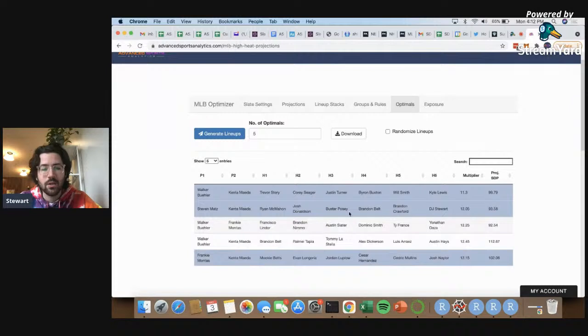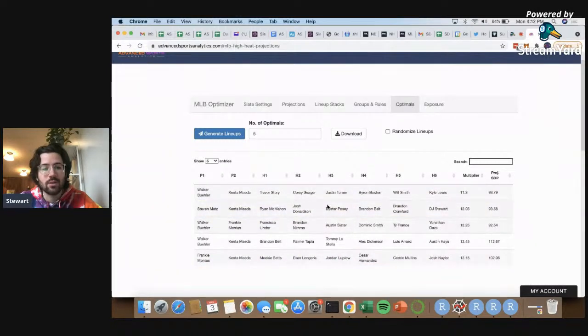But yeah, as you can see, all these lineups will have hitters in stacks. So obviously that Seager, Turner, Smith stack fits the bill of having less than 2 batting gaps between. I think there's 1. We're skipping the 4. Doesn't seem to have that many changes for the most part.